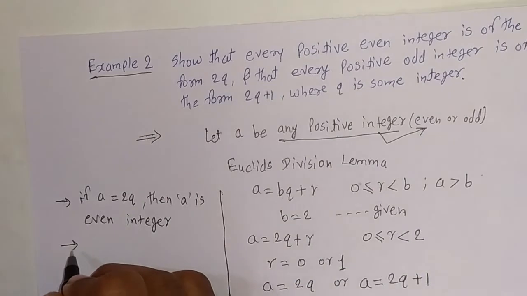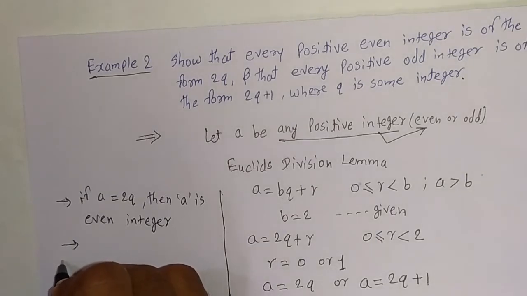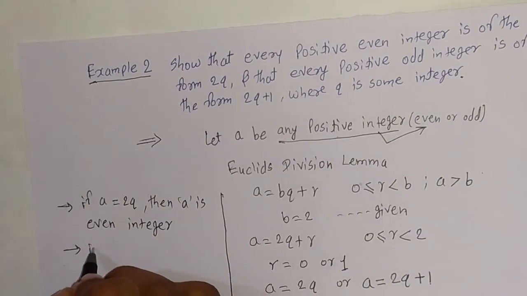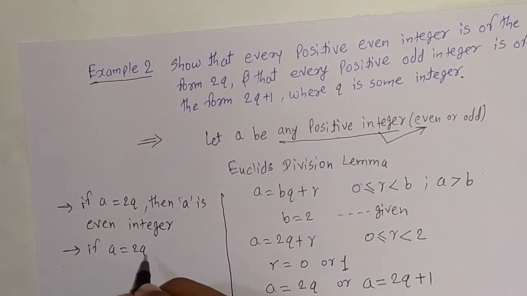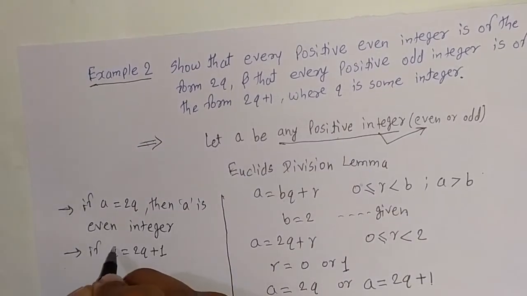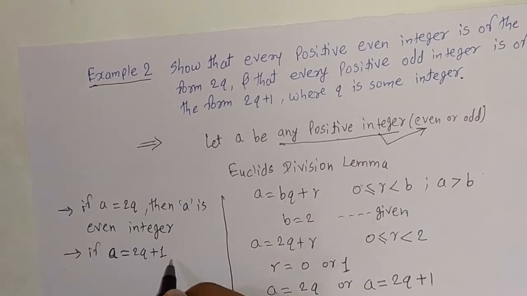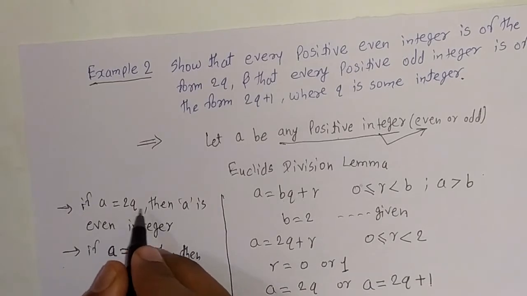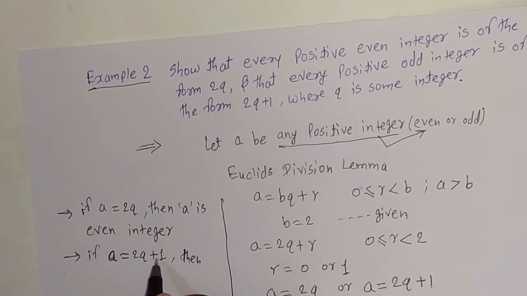Second, a positive integer can be even or odd. So any positive odd integer is of the form: if a equal to 2q plus 1, then obviously 2q is an even number, and if we add 1 to any even number, it will be an odd number.